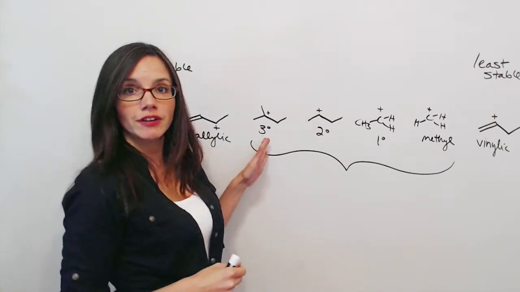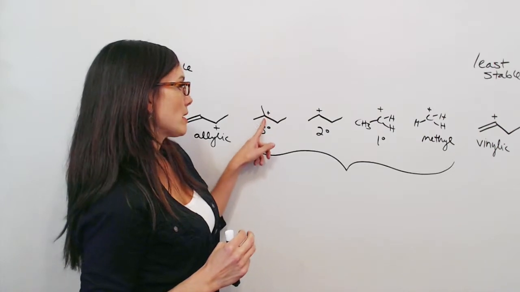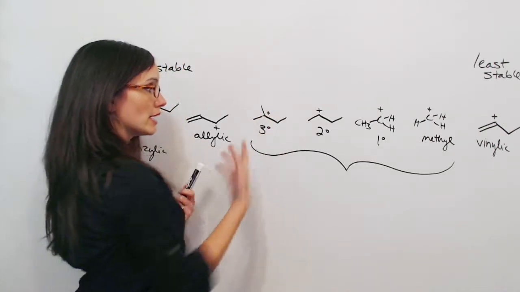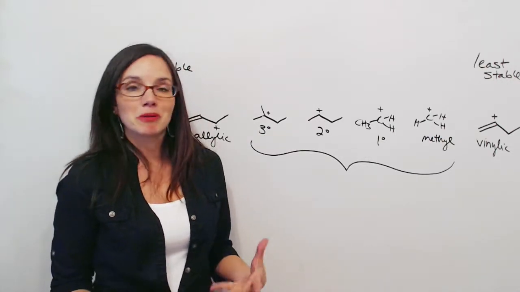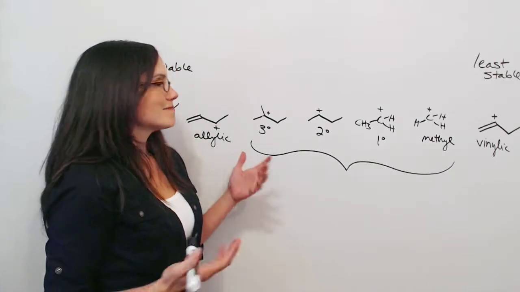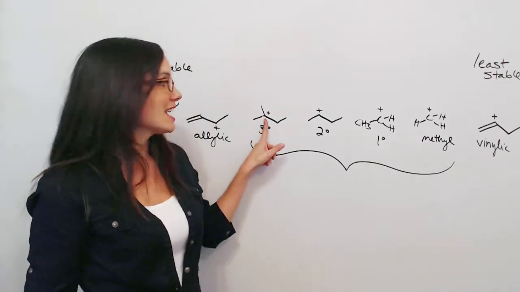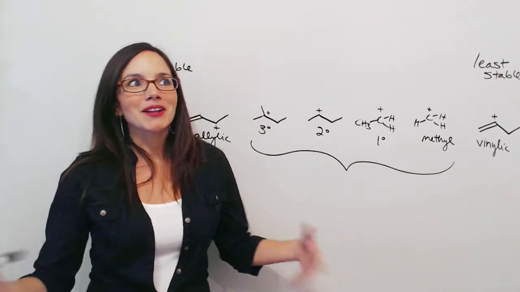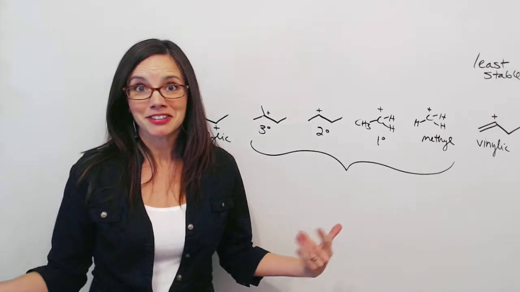This is a tertiary carbocation. We can see that the carbon that's carrying the positive charge is attached to 1, 2, 3 other carbons. And what makes that carbocation a little bit more stable than others is you can imagine this carbon is electron deficient and it would like to have more electrons. So you can imagine it calling out to its friends and neighbors saying, "Can anyone donate some electrons?"